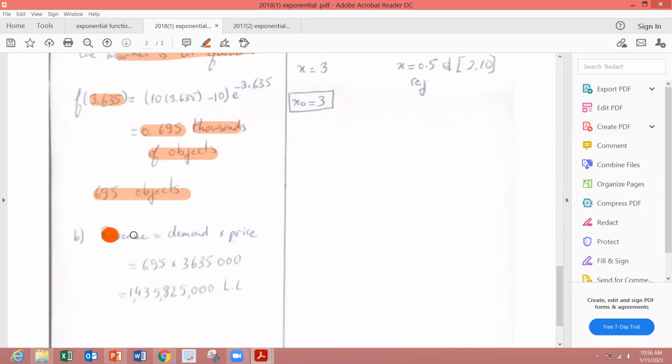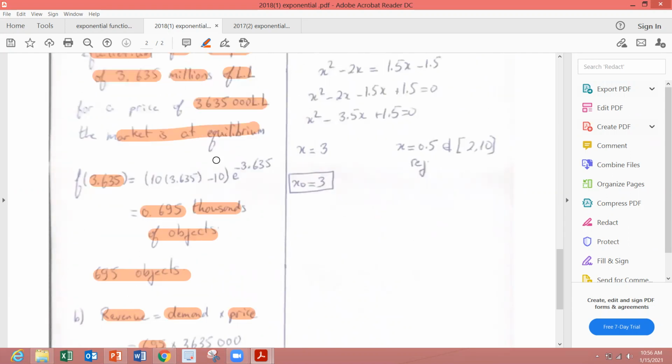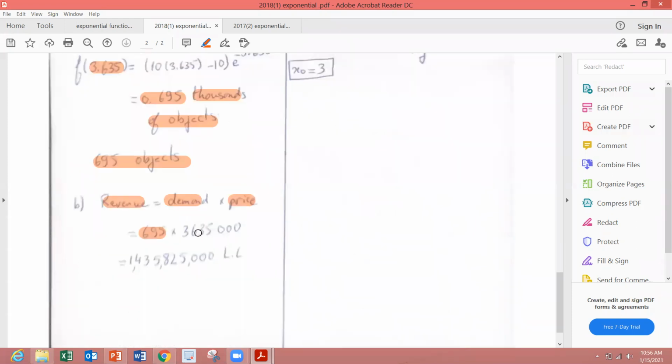Demand is 695. The price we found above is 3,635,000 Lebanese lira. So we get this answer. Revenue is equal to demand times the price; we found the demand and the price before, so we get the result.